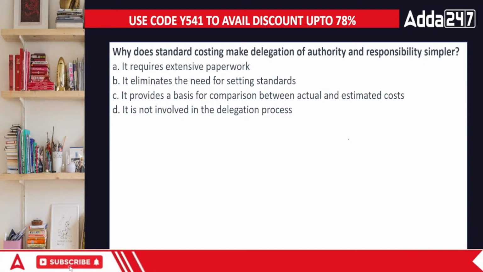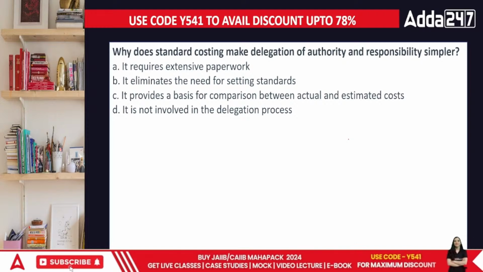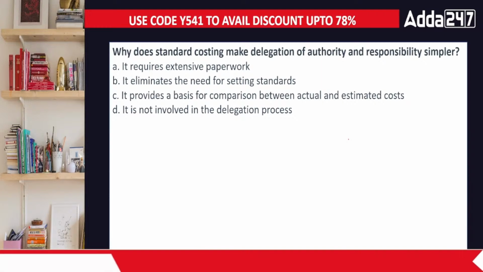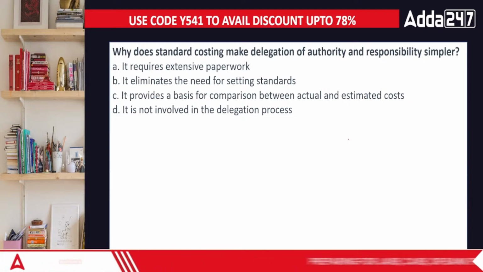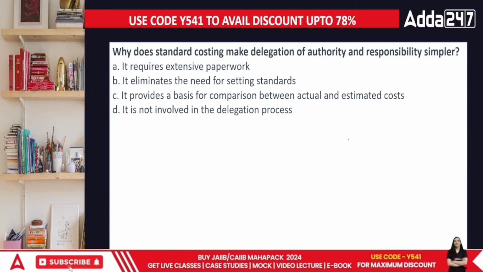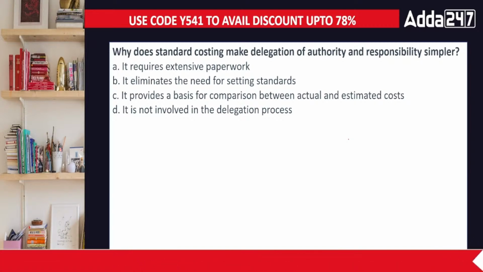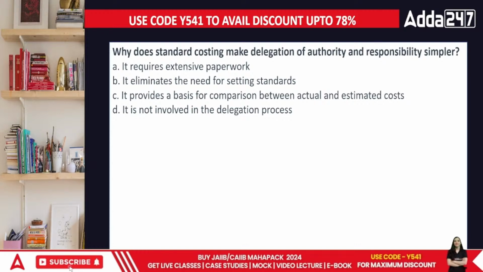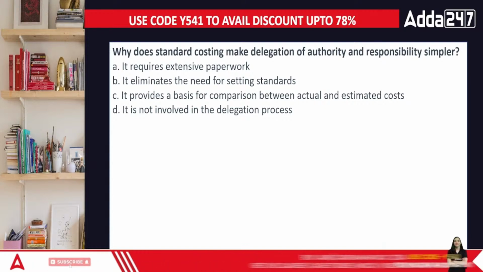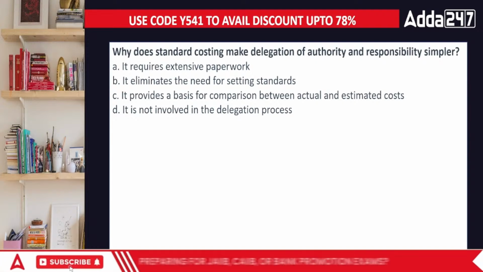Why does standard costing make delegation of authority and responsibility simpler? See, we set up a standard. We deliberately try to achieve those standards as well, don't we? It requires extensive paperwork? No. It eliminates the need for setting standards?